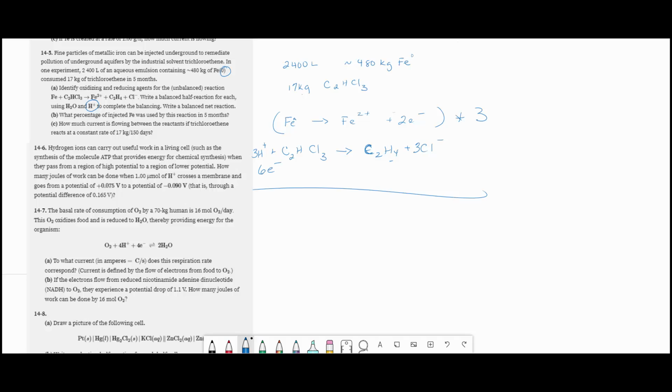So now I write the whole thing out. 3 Fe plus 6 electrons, 3 hydrogen ions, C2HCl3, and that will react to form 3 Fe2+, 6 electrons, C2H4, and 3, oh goodness, that was a 3 Cl minus. So now I can cross out what's the same on both sides.